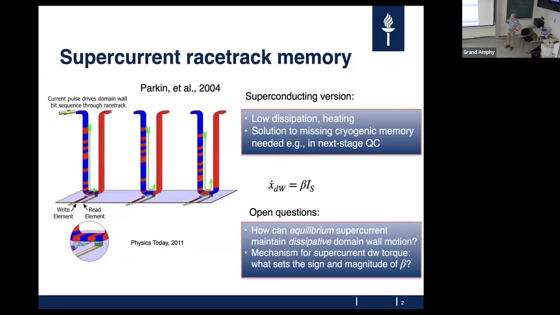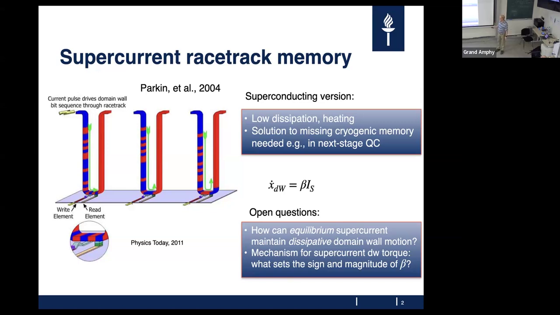Many of you have heard about Stuart Parkin's idea of building a new type of memory called the racetrack, where the idea is to have magnets which are in three dimensions in a way, with multiple domains, and by currents you would manipulate these domains, moving them all around.